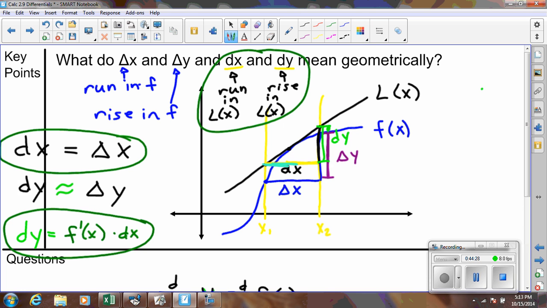If we shrink down the size of dx, the actual difference between delta y and dy is going to become smaller and smaller. I know that does not seem like a big deal to you right now, but this is a piece that is going to play a role for us down the line in the class.